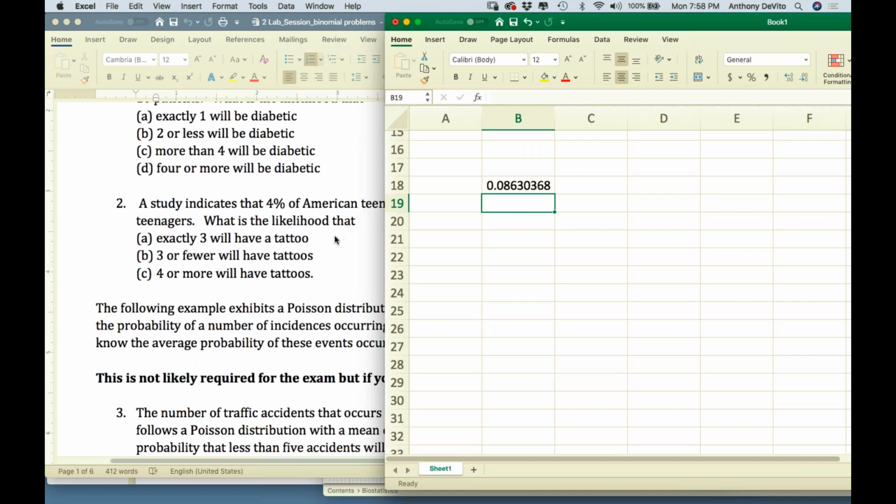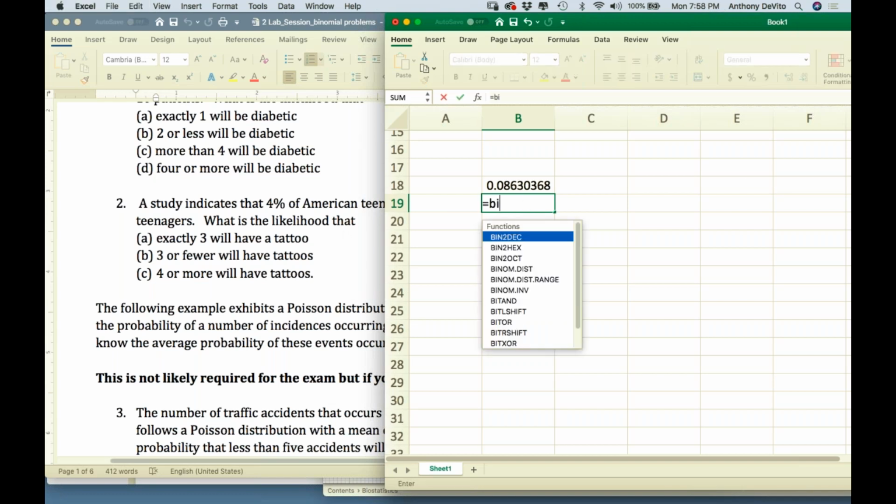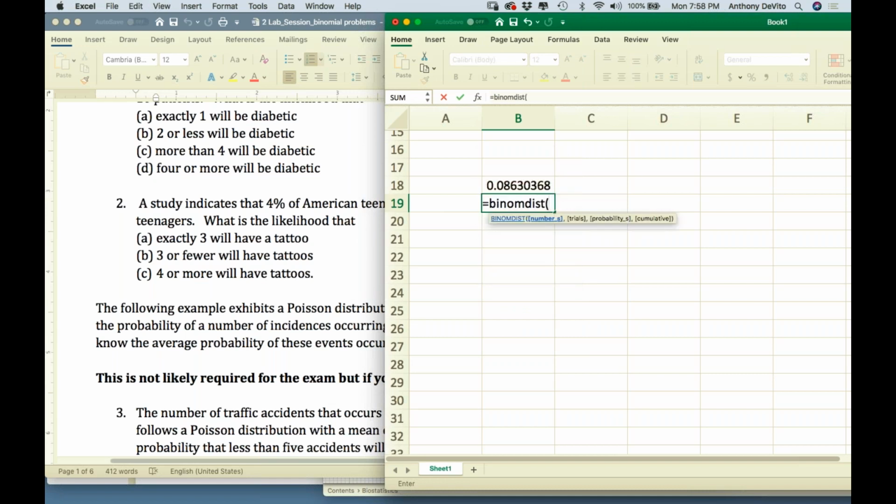Okay, well, how about the next one? 3 or fewer tattoos. Okay, so that's going to be equal to binomial Dist, parentheses, and number of successes is 3, comma, the number of trials is 30, comma, the probability is 0.04, comma, and now let's make our decision here, 3 or fewer.